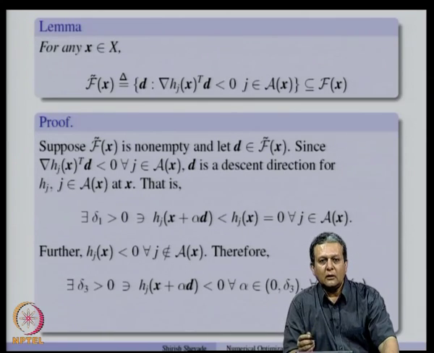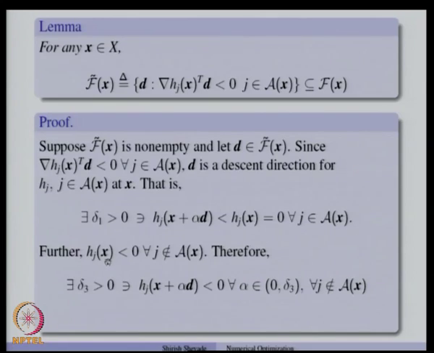Now, if we consider all the constraints which are not active at the current point x, for them we can write that there exists some delta 3 greater than 0 such that h j of x plus alpha d is less than 0 for all alpha in the range 0 to delta 3 and j not in the set of active constraints.